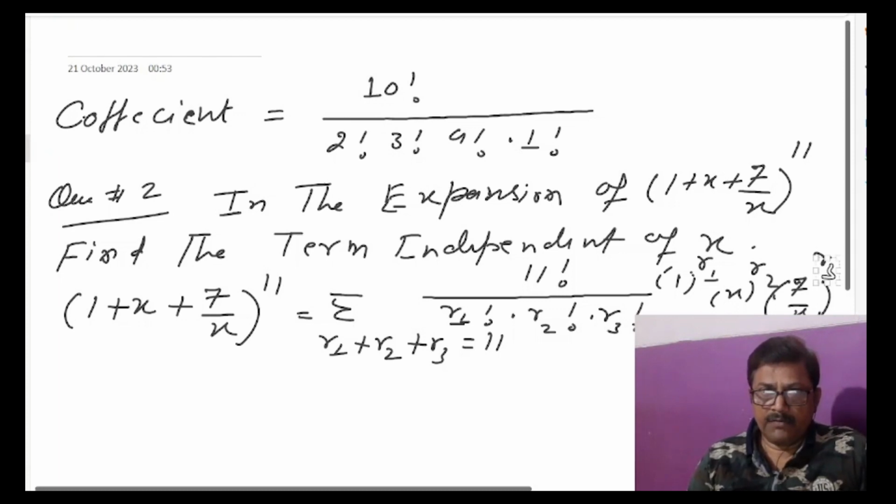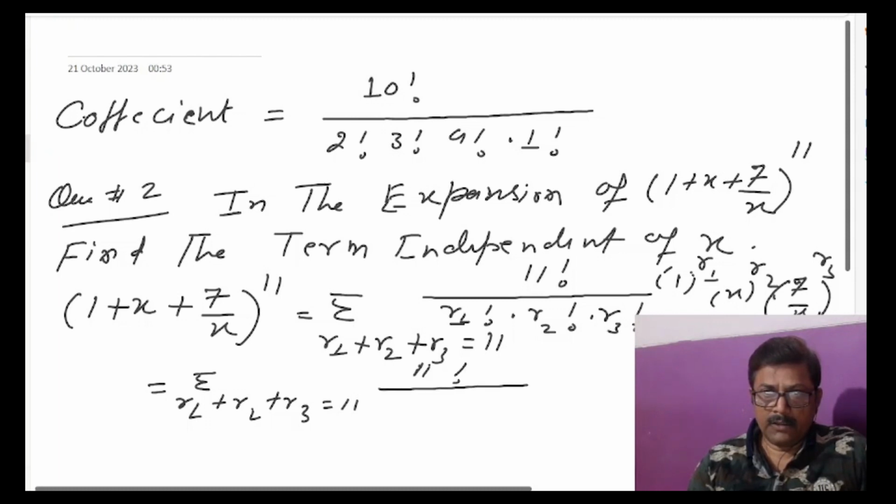Now I will simplify it. So sigma r1 plus r2 plus r3 equal to 11. So 11 factorial divided by r1 factorial into r2 factorial into r3 factorial.